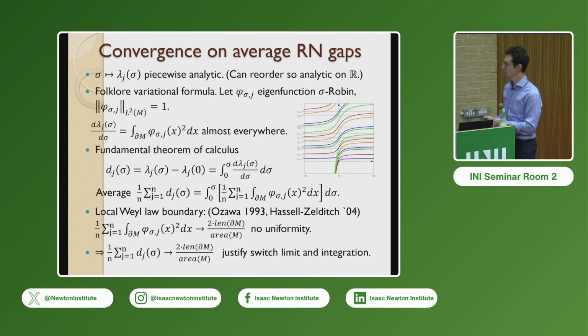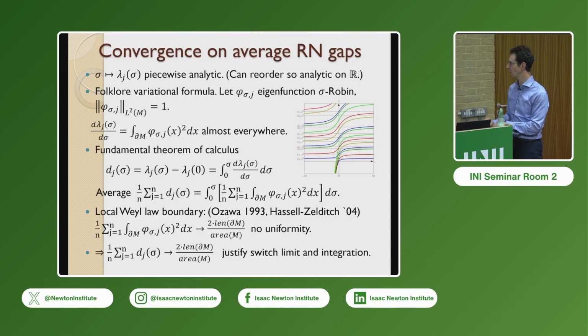And this turns out to coincide, for every fixed sigma, to local Weyl law at the boundary. And we cite Ozawa and Hassell-Zelditch. So we have this convergence to this number 2L, twice the length divided by area, which is the theoretical mean that occurs if we assume that the functions are equidistributed. There is a caveat here that there is no uniformity with respect to sigma, and we had to somehow justify how to switch the limit and the integration.